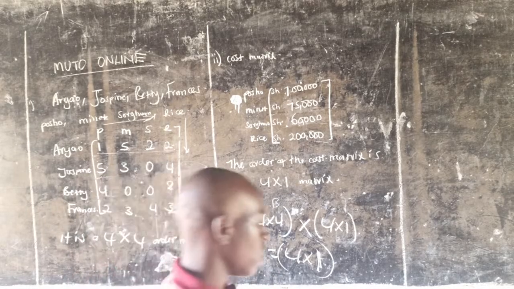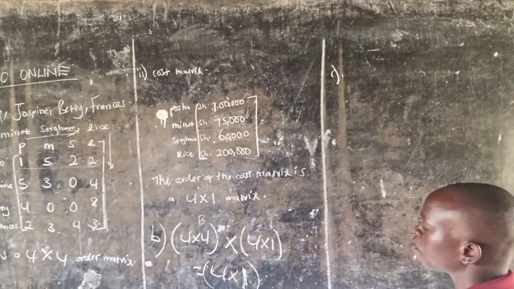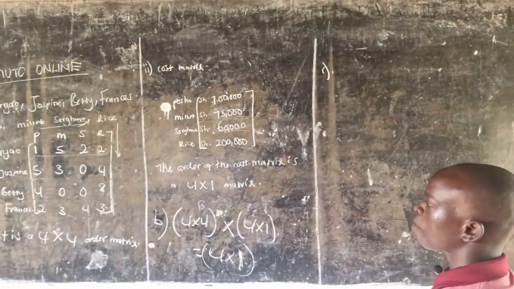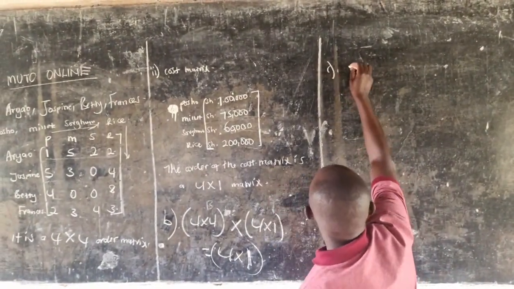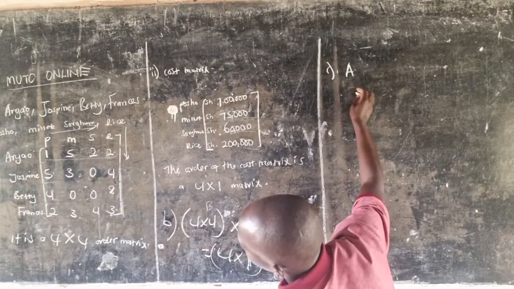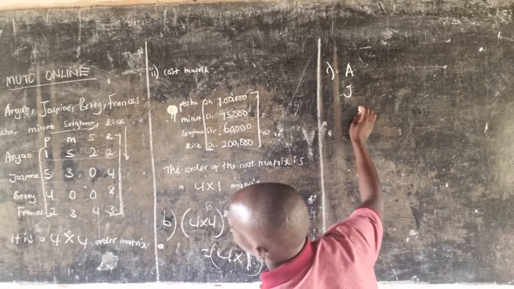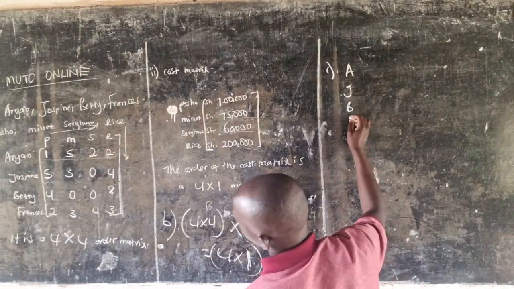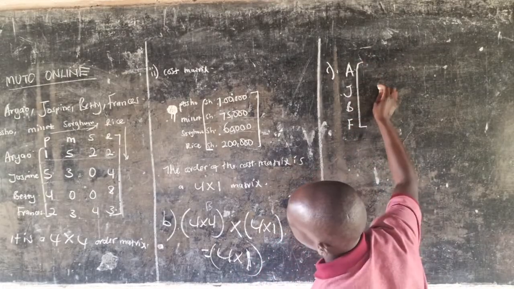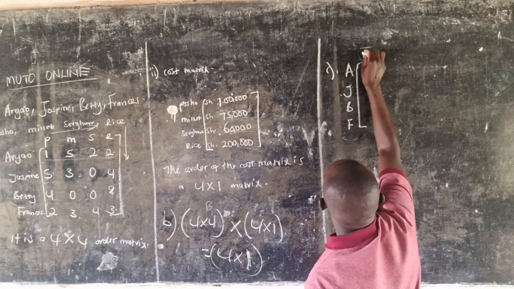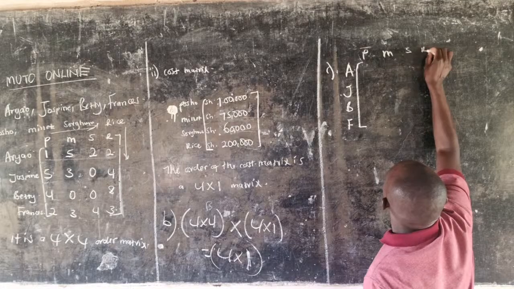And we see whether our order is right. So in part C right here, we are going to use the knowledge of matrix multiplication, which is row by column, to come up with the total expenses for each. We have Arayo, Josephine, Betty, and Francis. These people each have posho, millet, sorghum, and rice.